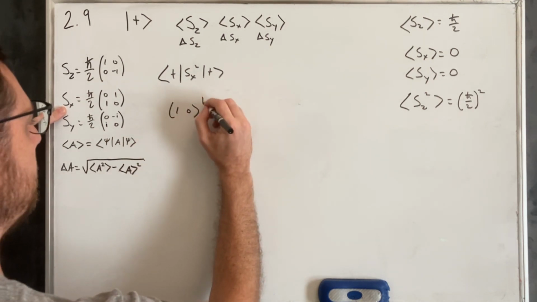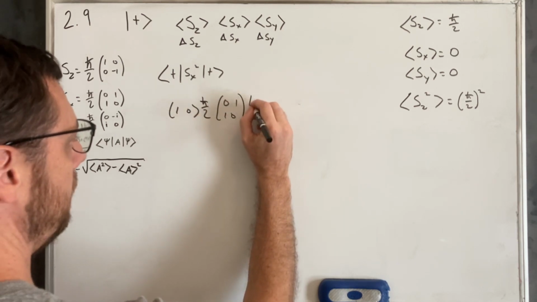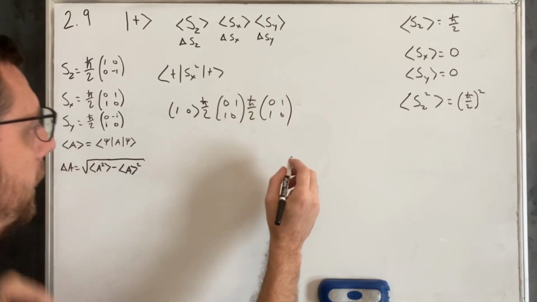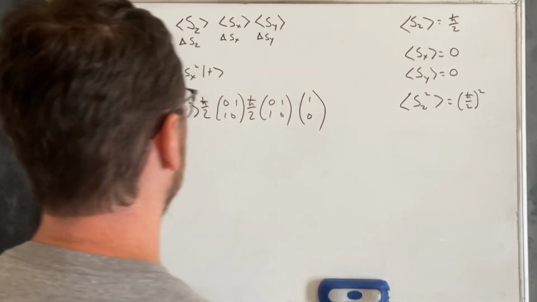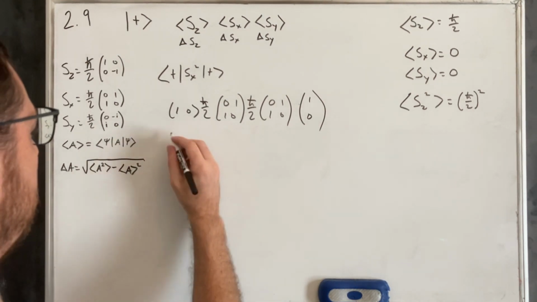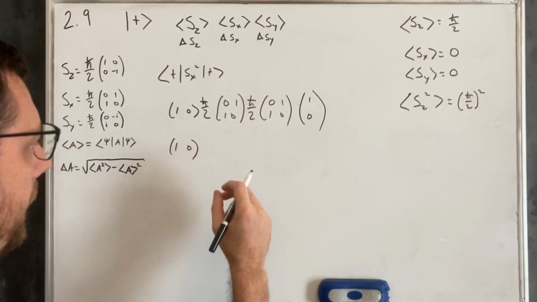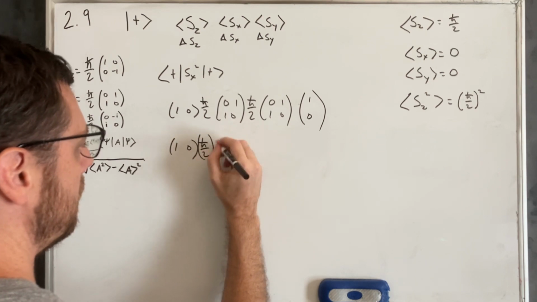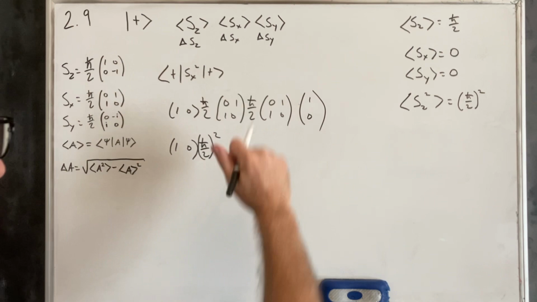So let's do h bar over 2, [0, 1, 1, 0], and again h bar over 2, [0, 1, 1, 0], and then our up ket, [1, 0]. All right, so what do we want to do first here? Let's just keep this [1, 0] for now. Let's do h bar over 2 squared, and then we can do this matrix right here.